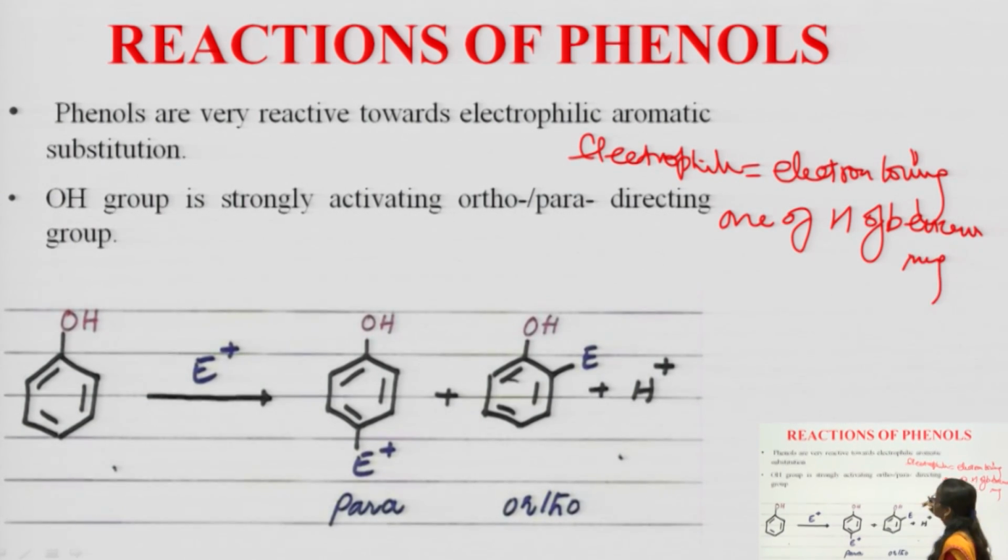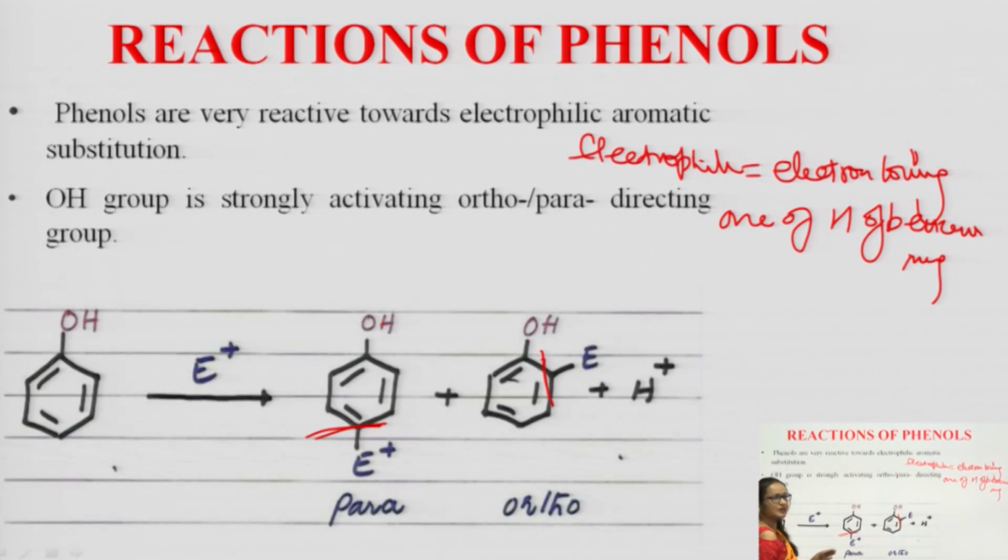OH remains there, but the electrophile, an electron loving group, comes and attaches by replacing one of the hydrogens of benzene. See here, this hydrogen is replaced, and this hydrogen is replaced.